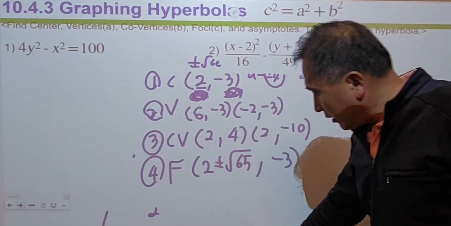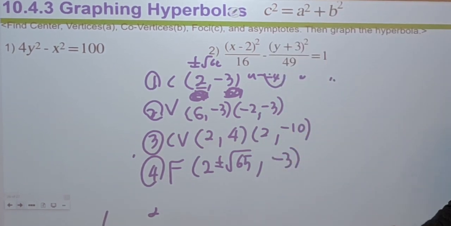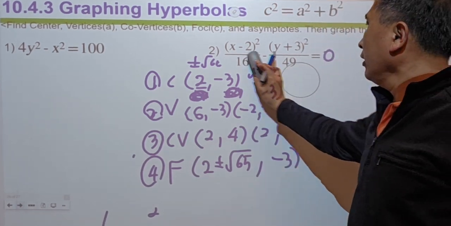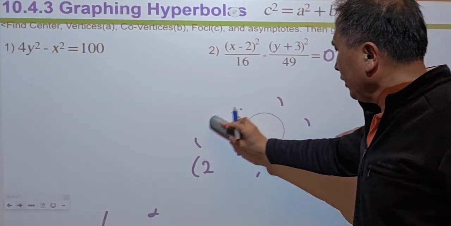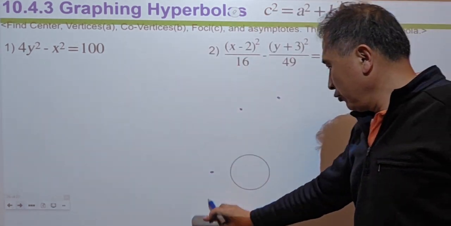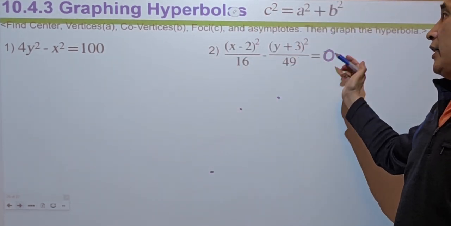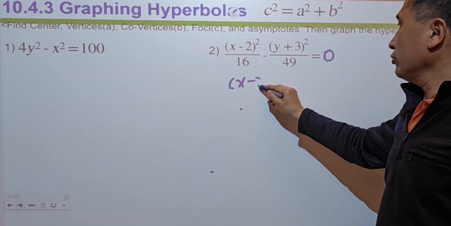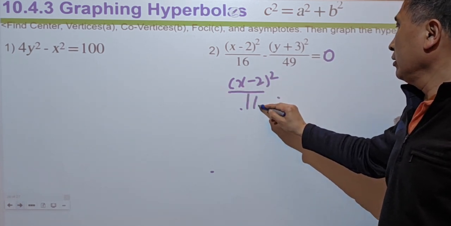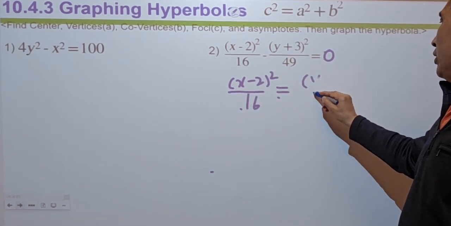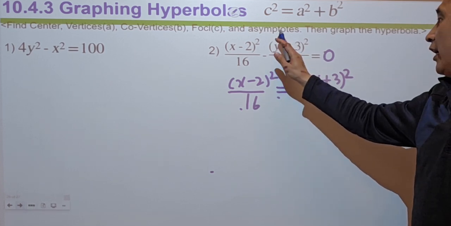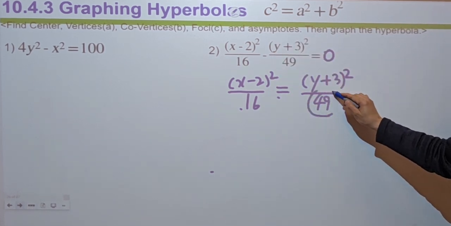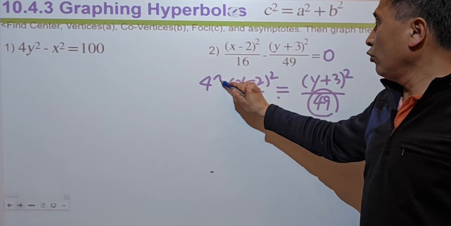And then finding the asymptotes, making that one equal 0. Asymptotes are a little bit hard. Making it 0, solve for y. So I'm going to move y to the other side: x minus 2 squared over 16 equals y plus 3 squared over 49. I move this one to this side, and to solve for y I move this one to the other side: 49 over 16.